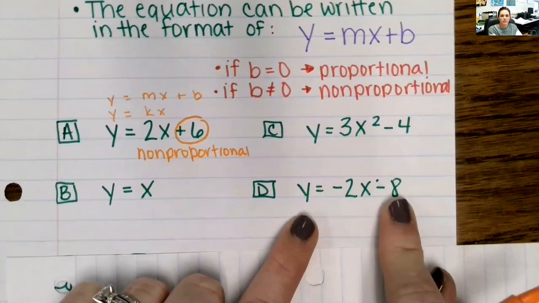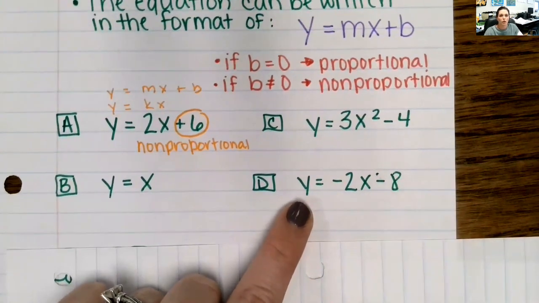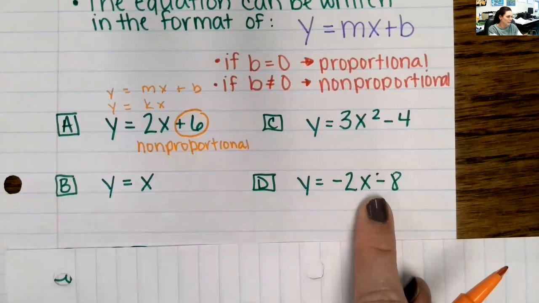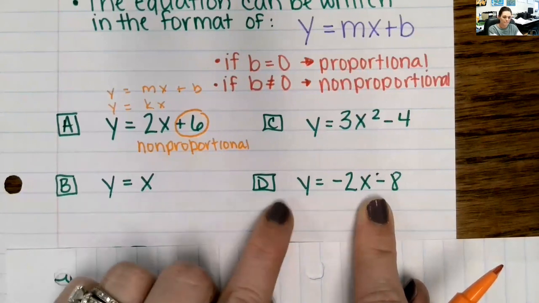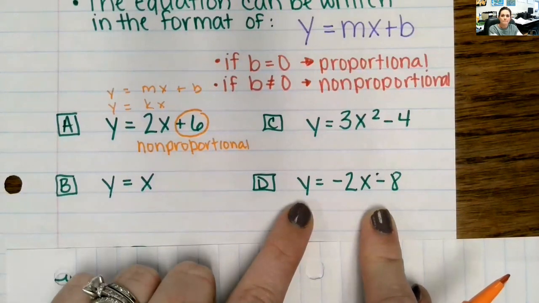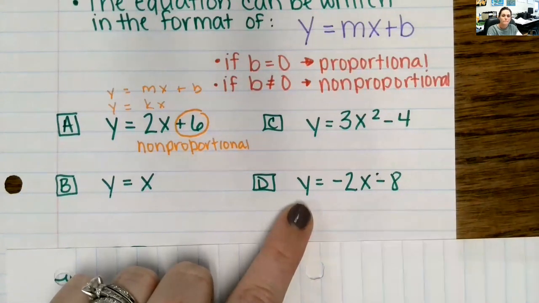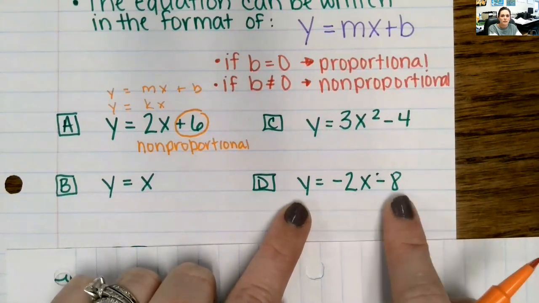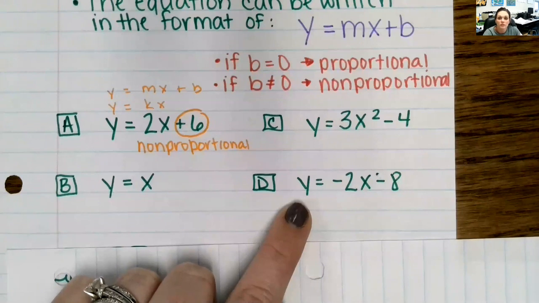So everybody look at D. Proportional, not proportional, or not linear. All right, so let's go through. Julian, is D proportional, non-proportional, or not linear? Oh, Julian. So again, Julian, proportional, not proportional, or not linear? Must have left me. All right, we're going to come back to you, Julian.